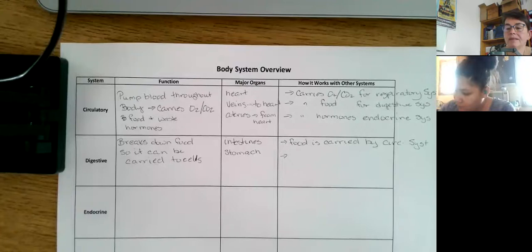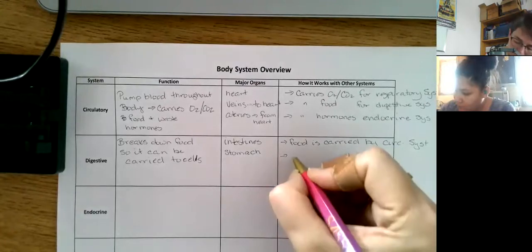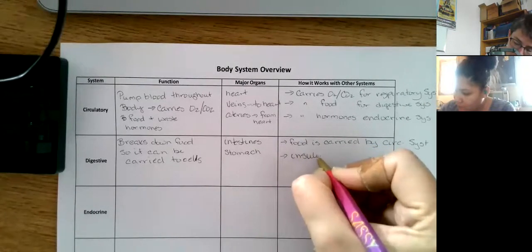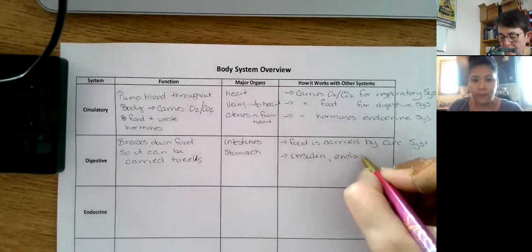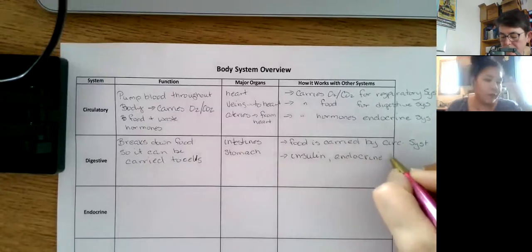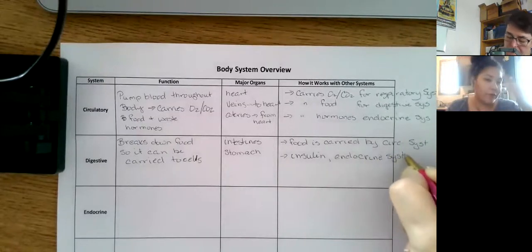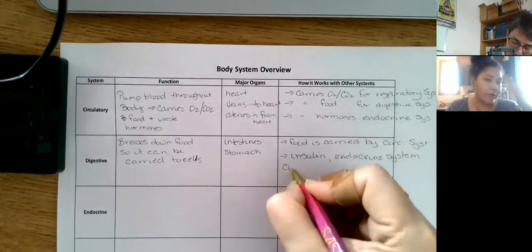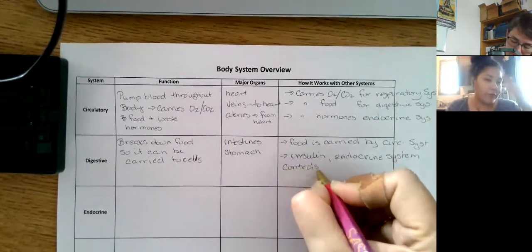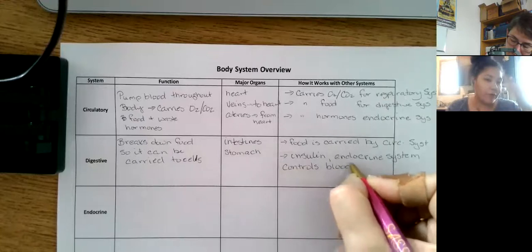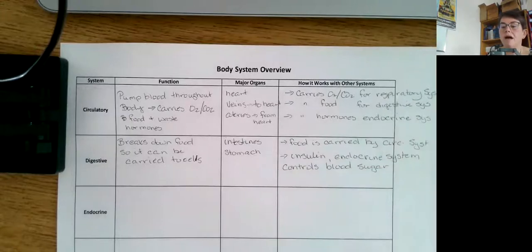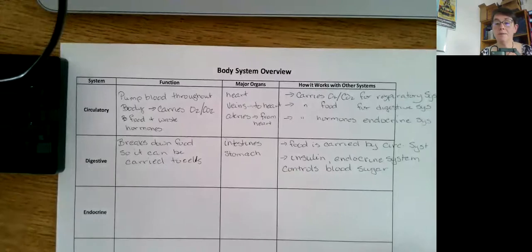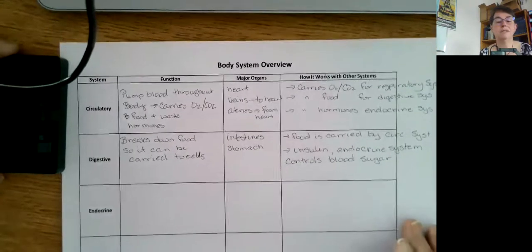All right, that would be insulin, which is from the endocrine system. So it controls the amount of, whoops, and she's disappeared. All right, well, I'm going to keep going. I'm hoping Mary Lynn will rejoin us.